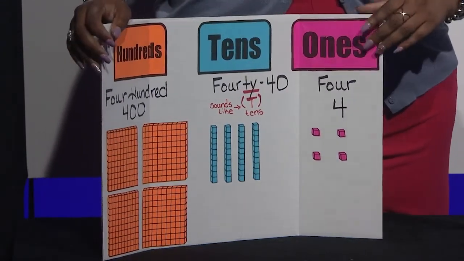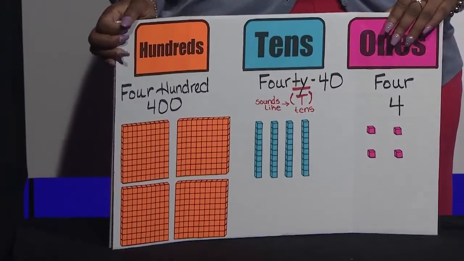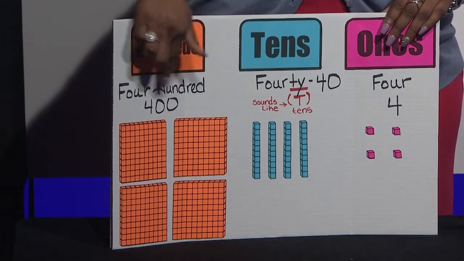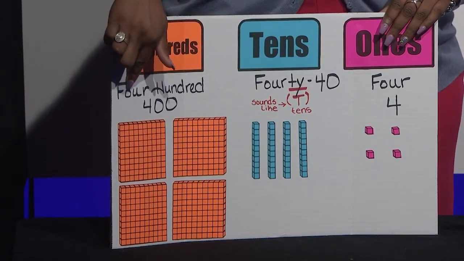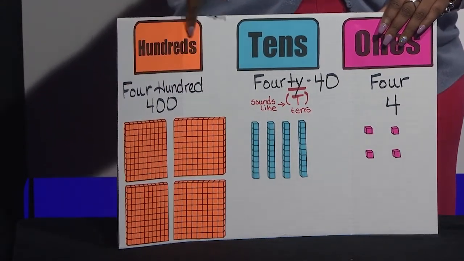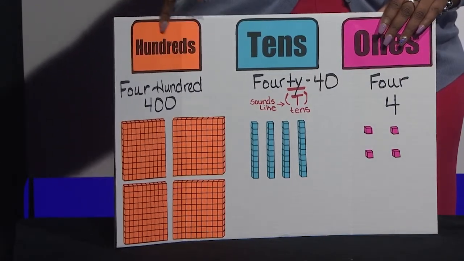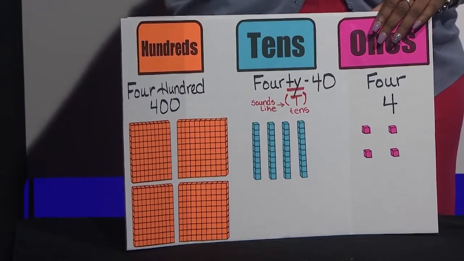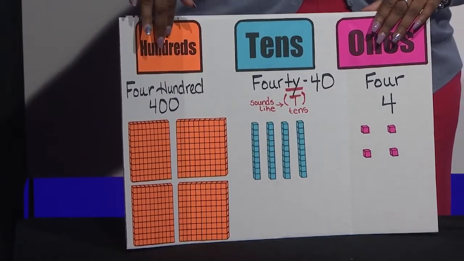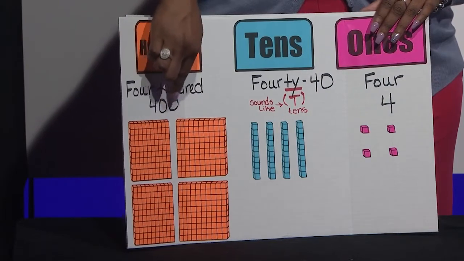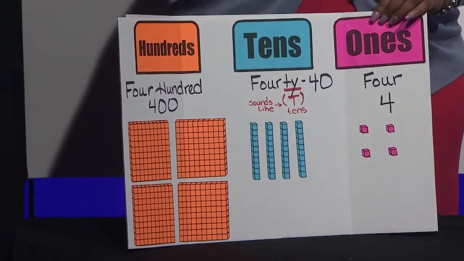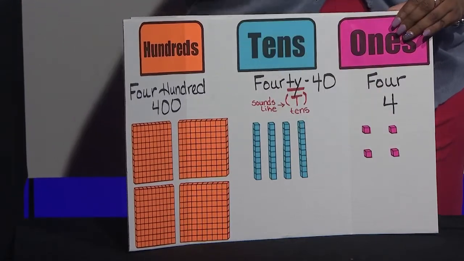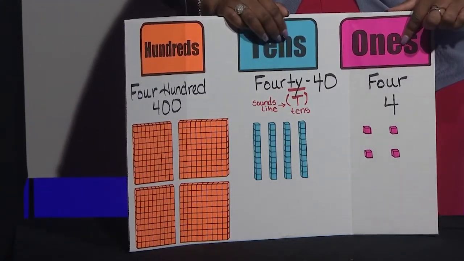Let's go to my hundreds. 400. Well, what do you notice? When I say 400, 100 is in the words. So that helps me to remember that my value is 400 and not 4. Let's look. 1, 2, 3, 4 units. That's 4.